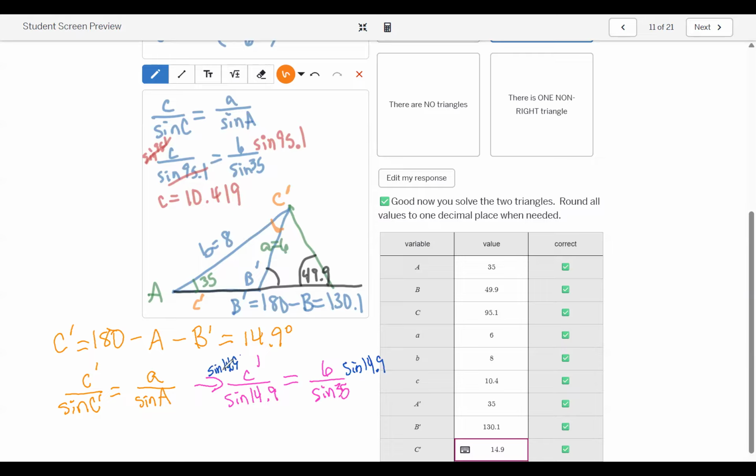So C prime is, we're going to run that calculation. 6 sine 14.9 close divided by sine 35 close. And now our C prime is only 2.689, which is 2.7.